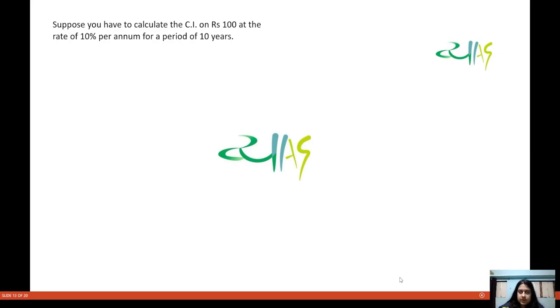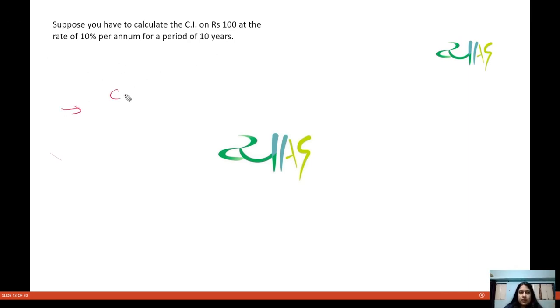In this question, we are talking about how to calculate the compound interest on rupees 100 at a rate of 10% per annum for a period of 10 years. When we are trying to do this, we will not use any formula, which is what I am recommending. You can remember a formula, but using a formula is not feasible.